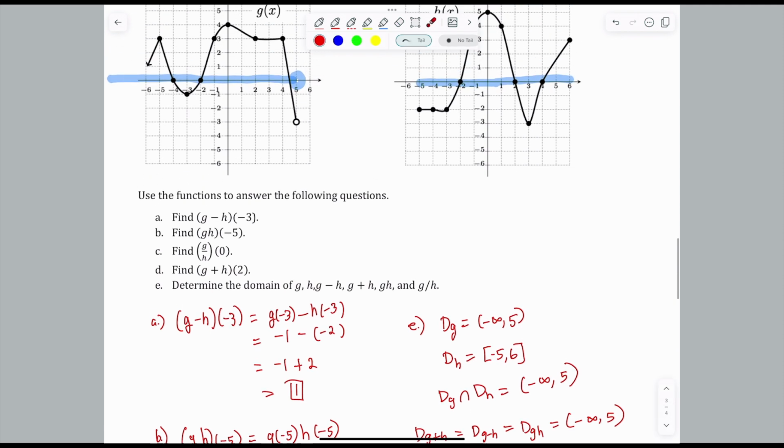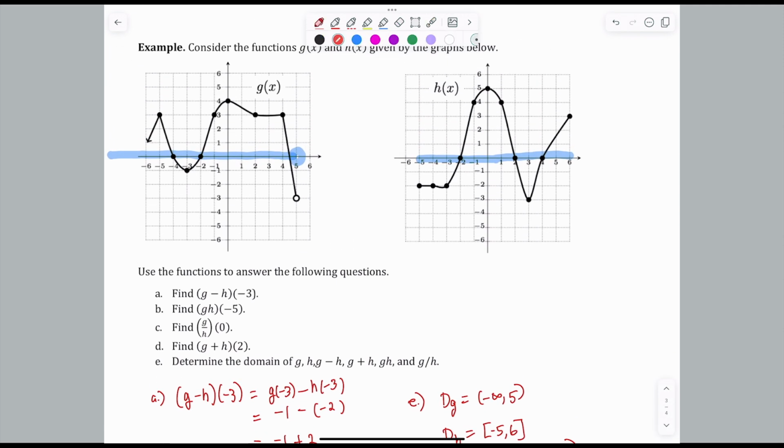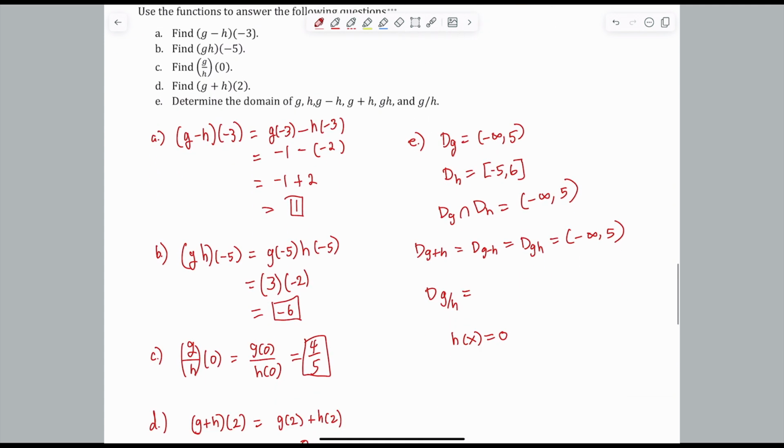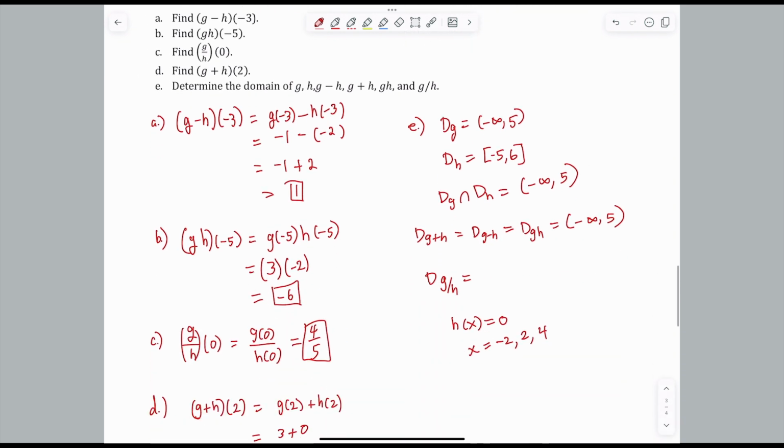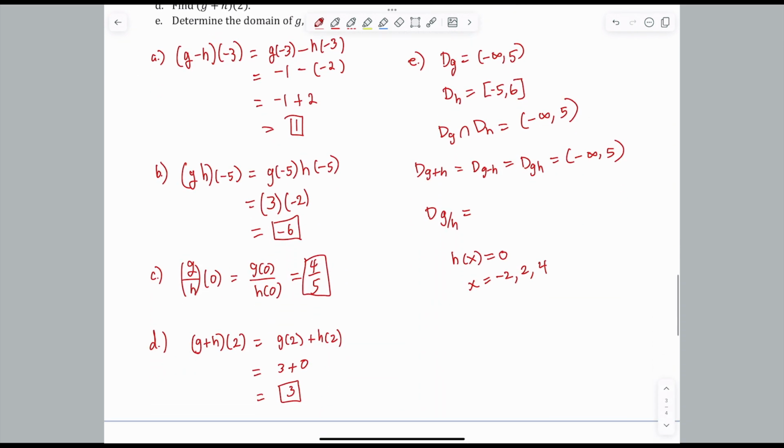We can see that's going to happen at this point here and this point here, because the coordinates for each have a 0 for the output. It happens at x equal to -2, 2, and 4. Once again, -2, 2, and 4, so we need to exclude those from the domain.